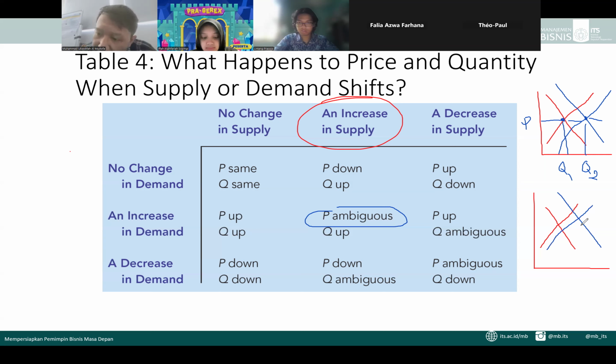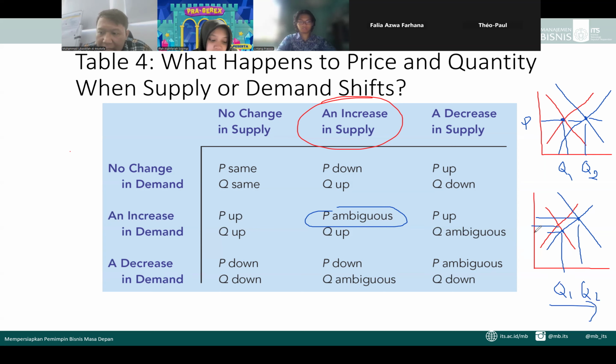See here, both supply and demand increase, but the demand shift is larger than the supply shift. Look what happened. Q1 and Q2 is larger, quantity up.